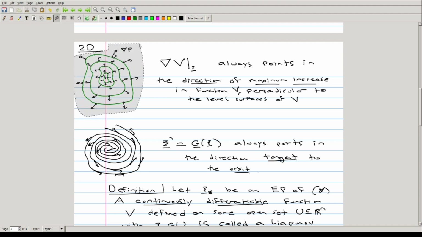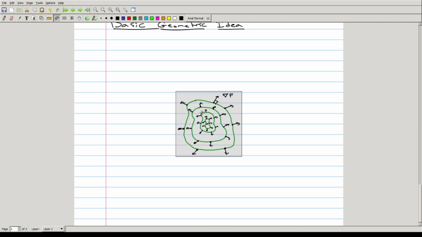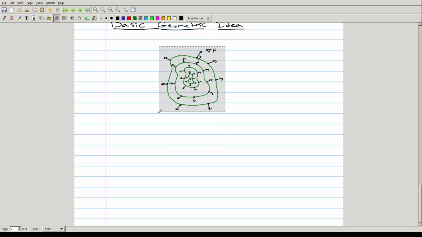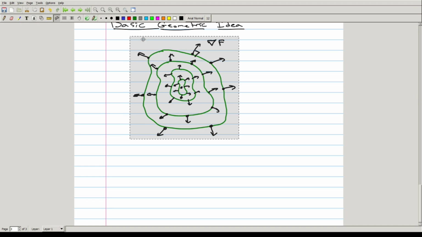and a Lyapunov function, where we'll color this all green, and this should be the gradient of V. So all of these arrows are the gradient of the Lyapunov function.